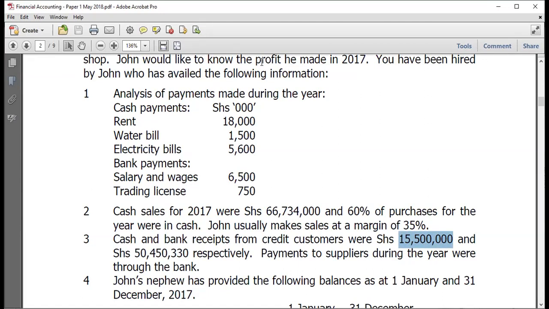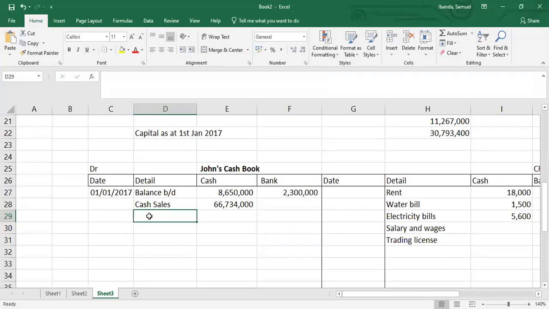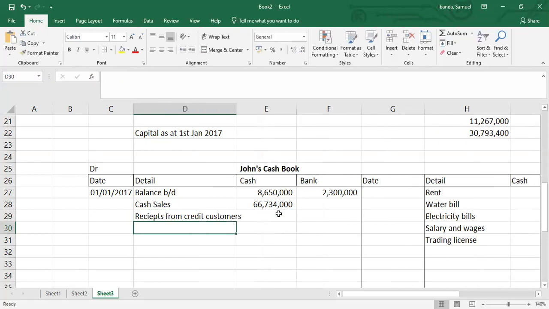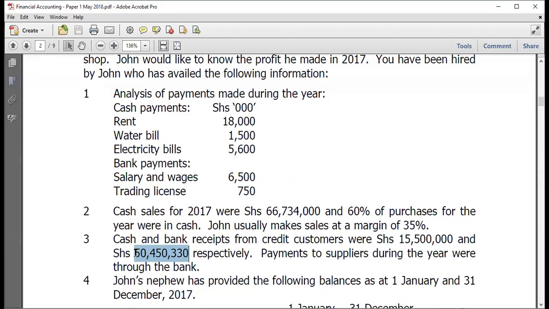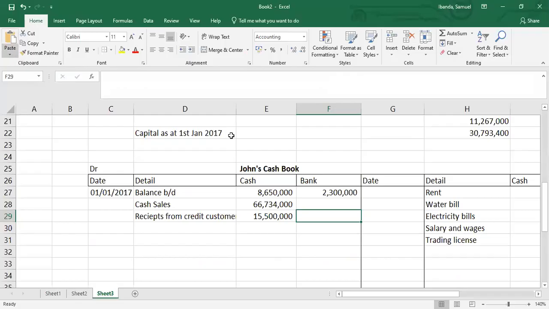So I'll come here and these are receipts from customers, from credit customers. Okay. So they are telling us that for cash, they were actually 15,500. And then we can try to see what was exactly for our bank. So bank was 50,450. Okay. So those ones you input, as you can see right there. Okay. So that is one thing.